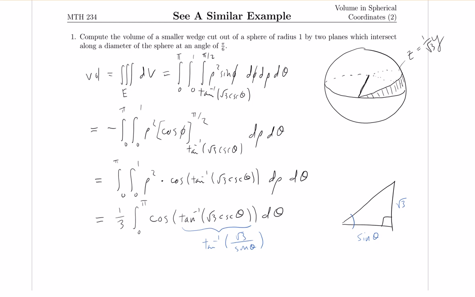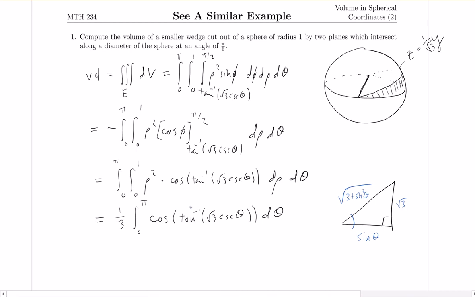Okay, so what's the third side of the triangle? By the Pythagorean theorem, it will be the square root of 3 plus sine squared theta. So, what do we want?